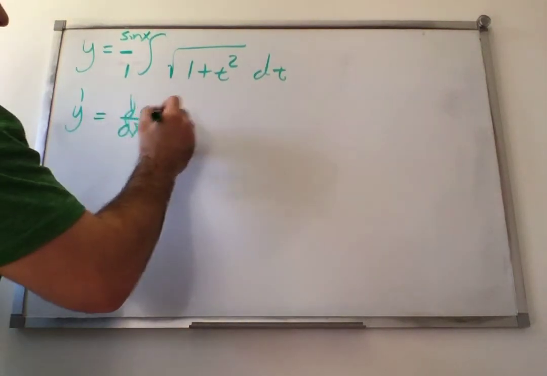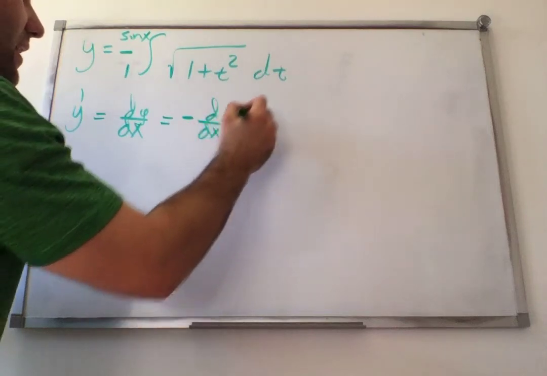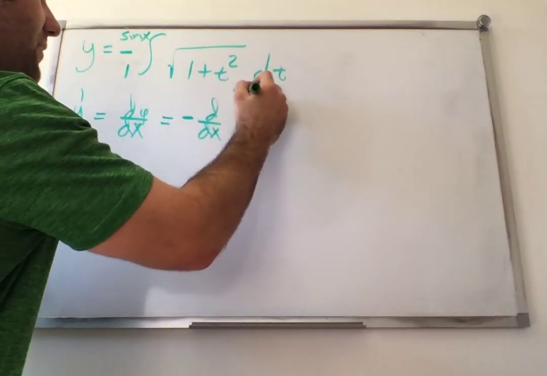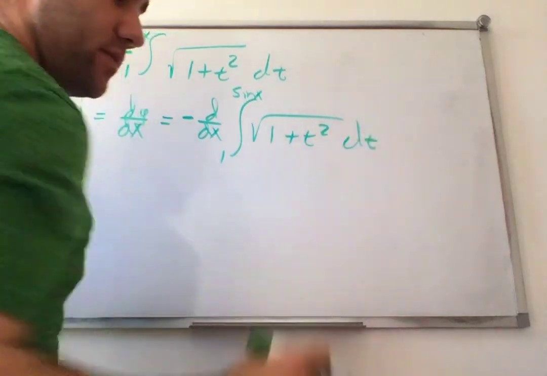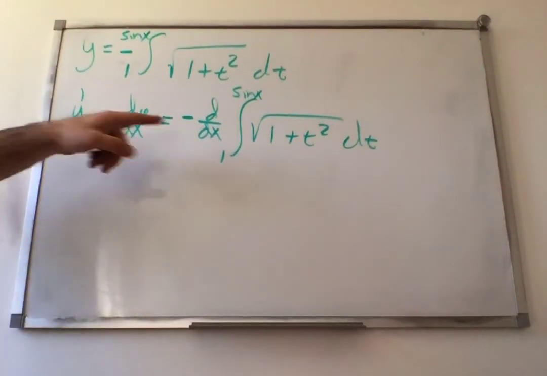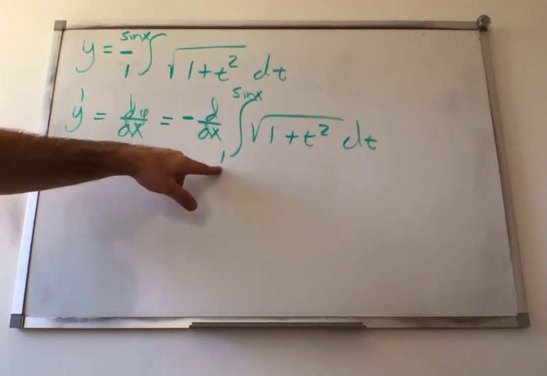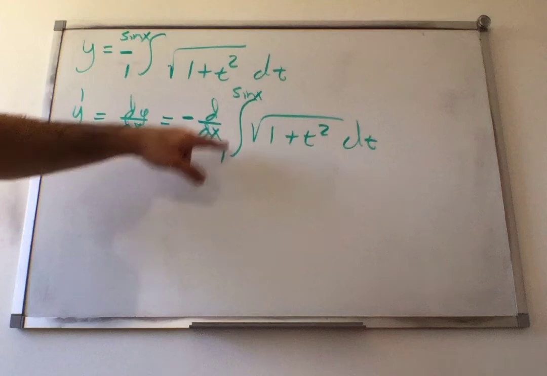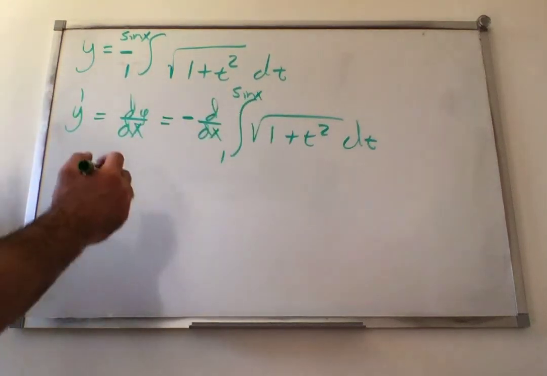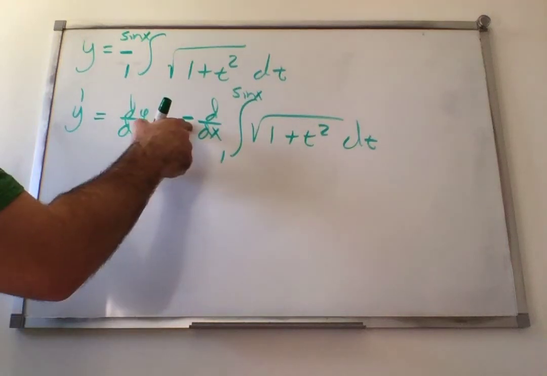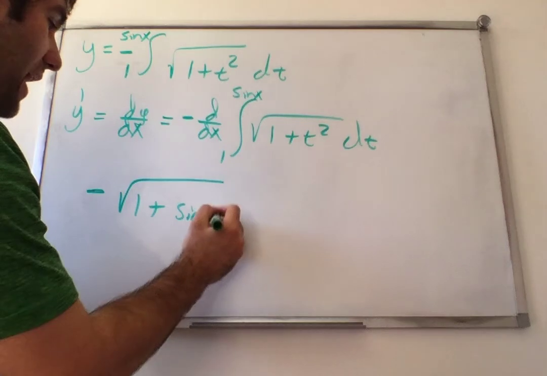So now I have negative d by dx of the integral from 1 to sine of x of the square root of 1 plus t squared dt. Well, the derivative and the integral cancel, and the derivative of a constant is 0. So all I have to do is take this function and plug in sine of x. So I get the negative on the outside, square root of 1 plus sine x squared.